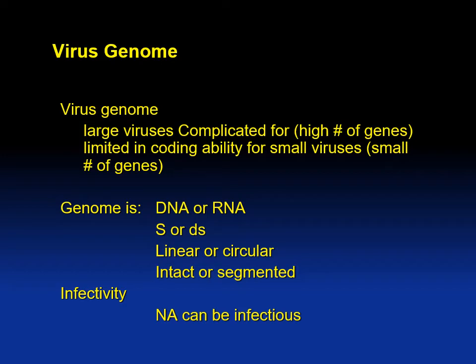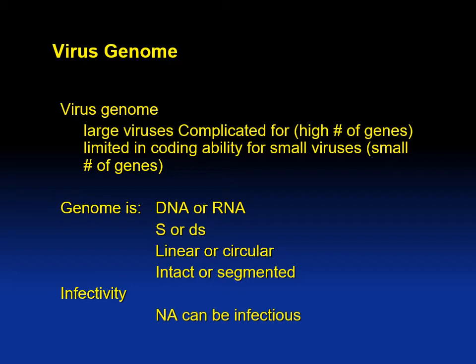In comparison, the small viruses usually have a limited number of genes that make a very small number of proteins. Viruses with large, complicated genomes make many proteins, which help in replication and so on.